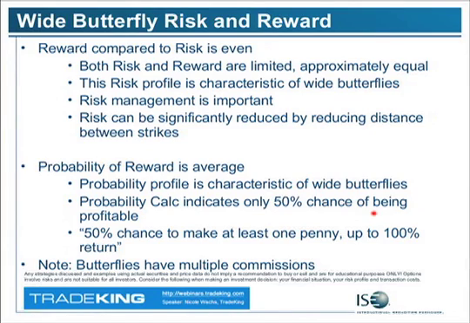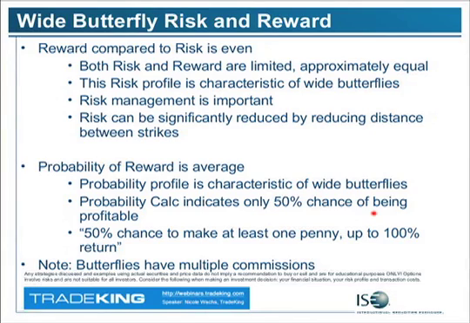I have an equal chance of basically making or losing money in this trade. That's what 50% probability says to me. Well, that's basically a coin flip, right? If I flip a coin, I have a 1 out of 2 chance of getting heads. Well, that's not all that attractive to me. But there are some reasons why someone would do a trade like this.